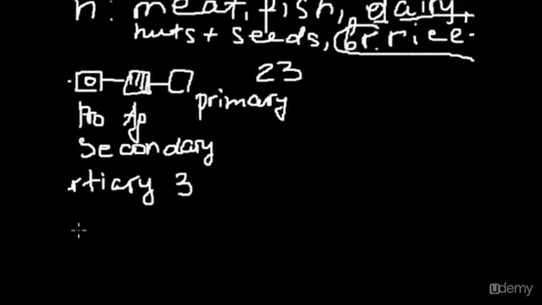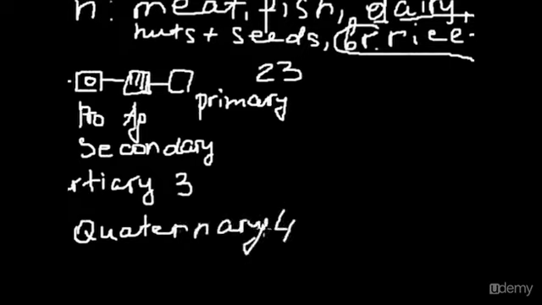This structure is called quaternary, which means number 4. So 2 or more three-dimensional proteins connected to each other is a quaternary structure.